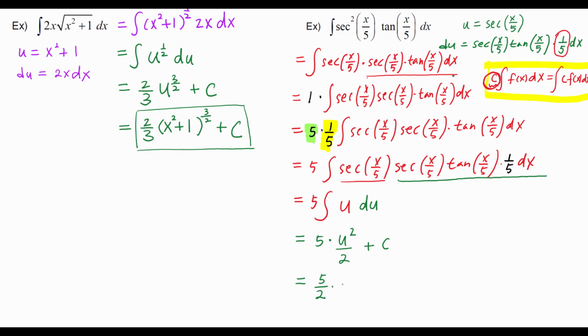Let's do the back substitution. What was my u? Yes, my u was secant x over 5, but it is u squared, so it will be secant squared x over 5 plus c. That is my final answer.